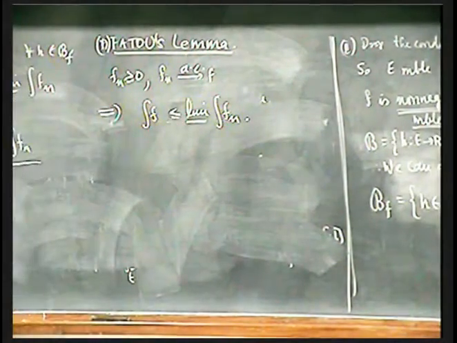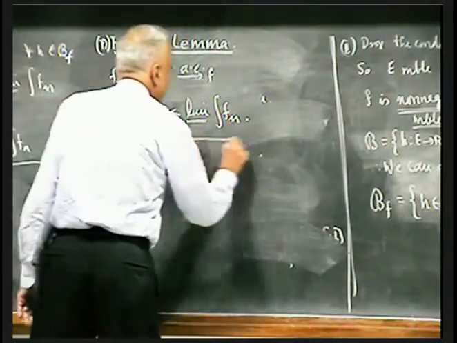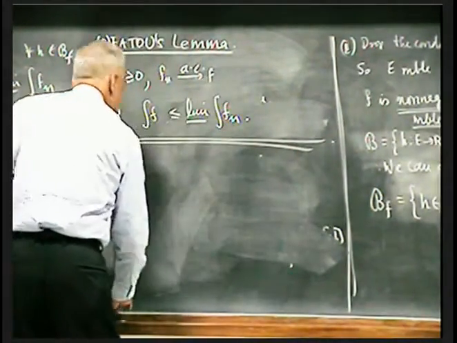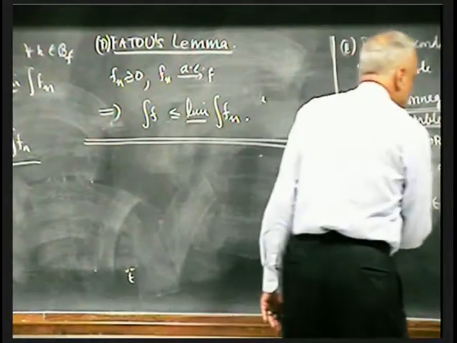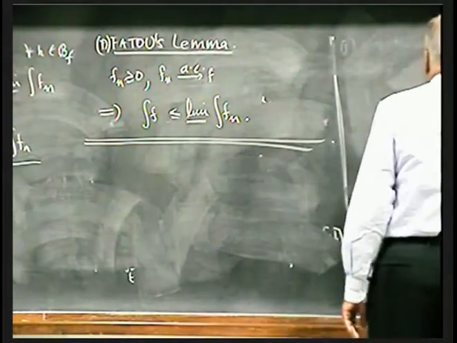That is always guaranteed. If the sequence of the integrals converges, then automatically the lim min will be equal to the limit. So the integral of the limit is less than or equal to the limit of the integral is what we can say. This is a sort of a base for the convergence theorems that we'll be proving from now on. So now what we do is we push further.